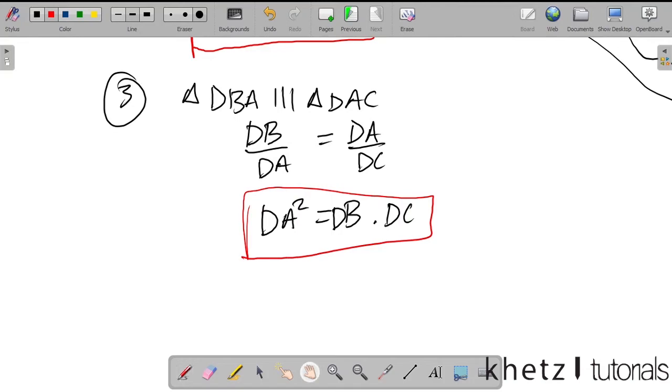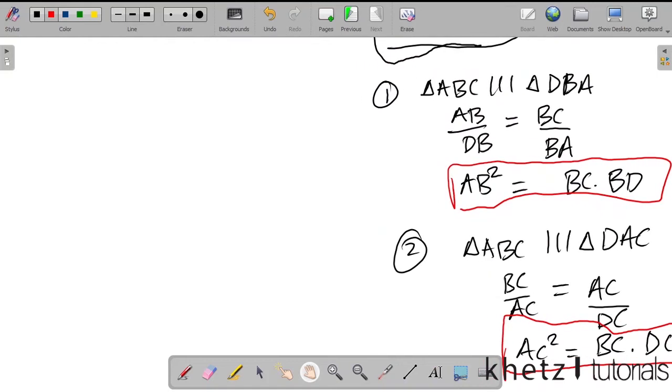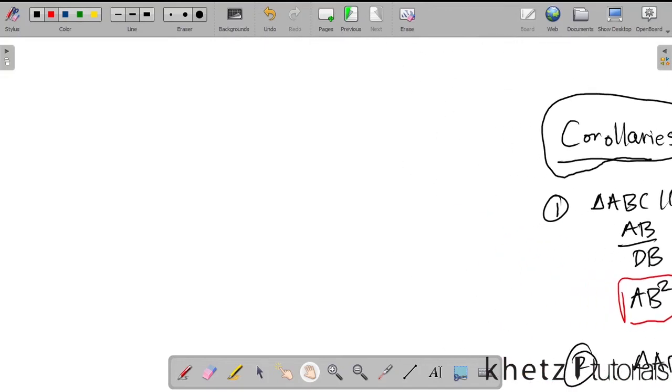So after looking at the relationship which you have between the proportions, from the proportions you can actually make these three conclusions once more. And all of this is actually going to help us to prove the theorem of Pythagoras. So that's what we basically want to do now.